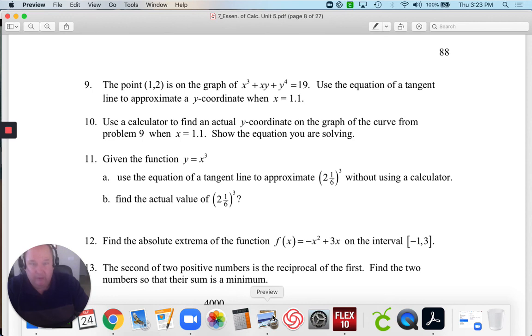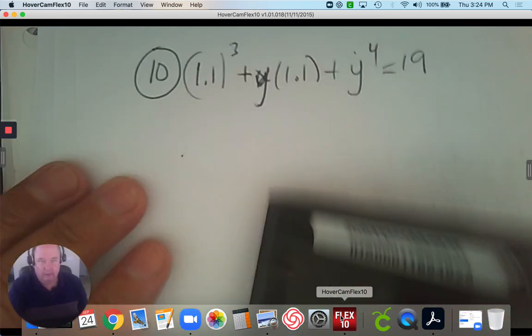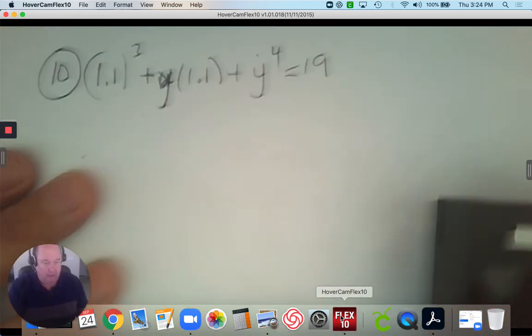So wherever there's an x, put in 1.1 and then use your calculator. This is what it would look like. So I'll show you.